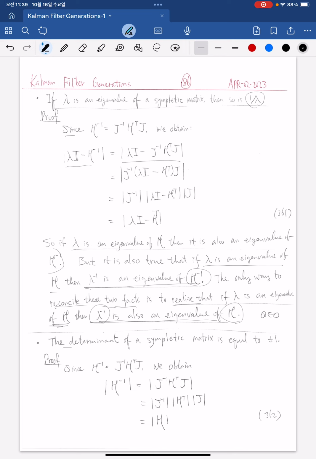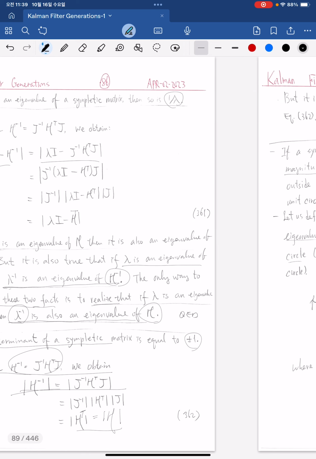The determinant of the symplectic matrix is equal to plus or minus 1. Since H inverse equals J inverse H transpose J, we obtain, 이래 하면은 이게 H transpose고 이게 H하고 다 같은 거죠.